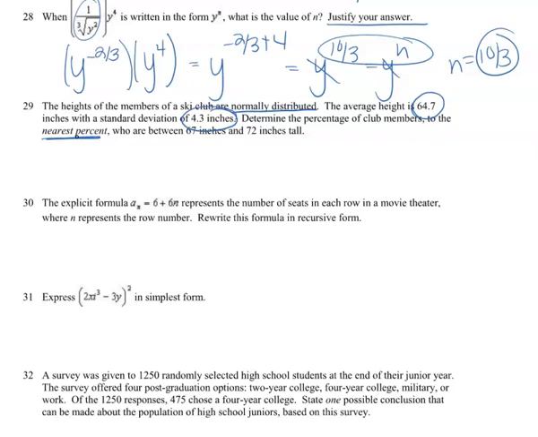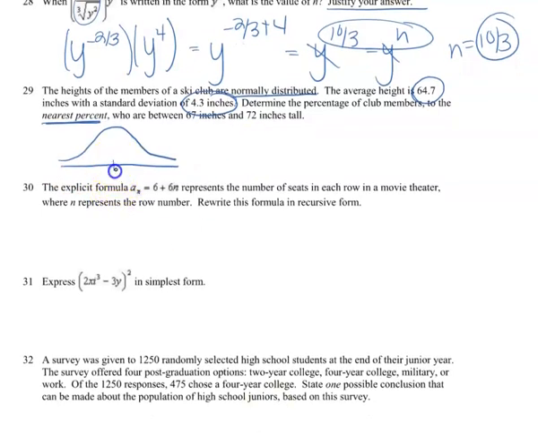All right, so this is a normal curve problem where, again, the mean is 64.7 and the standard deviation is 4.3. They want to find the probability of selecting somebody between 67 and 72 inches tall. So that's representing this area under our normal distribution curve.